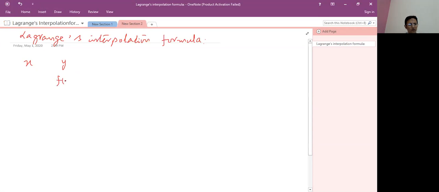f of x naught, we consider x naught, x1, x2, x3, and up to so on, xn, f of x naught, f of x1, f of x2, f of x3, and up to so on, f of xn.